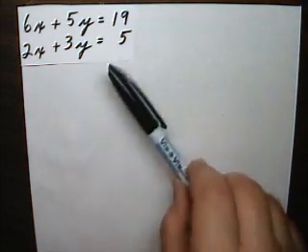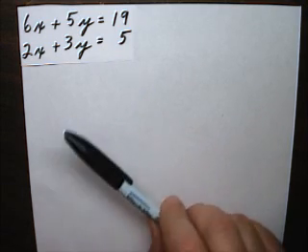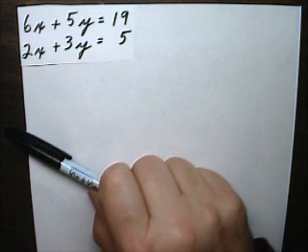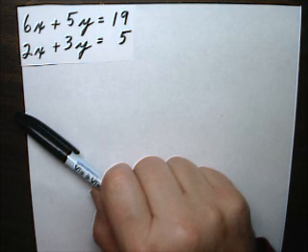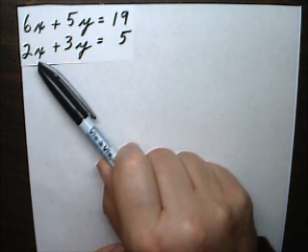In this one, it's not quite so obvious. Multiplying either equation by -1 and adding doesn't seem to work very well. It doesn't eliminate a variable. So we have to get tricky. You've got to think. And it's the x's that would work here.